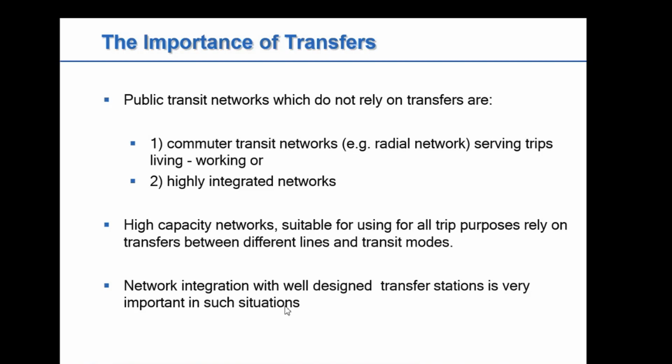Transfer is not required in a radial network, which only connects a single way, from the rural area to the urban areas.